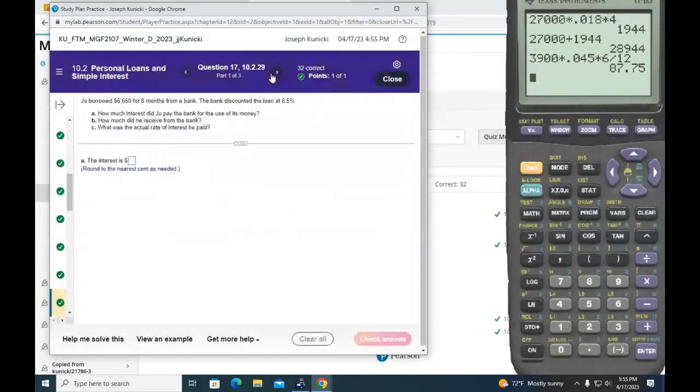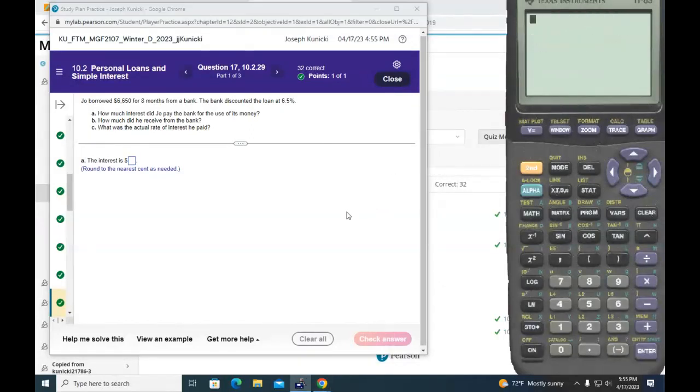All right. Okay, now comes a real strange type of loan. It's called a discounted loan. It's kind of misleading because I think these have been outlawed in most places.